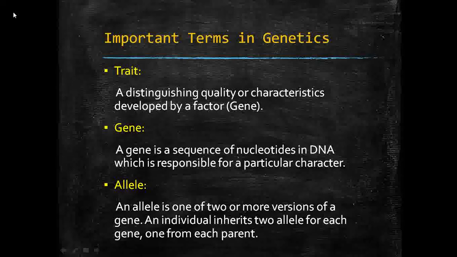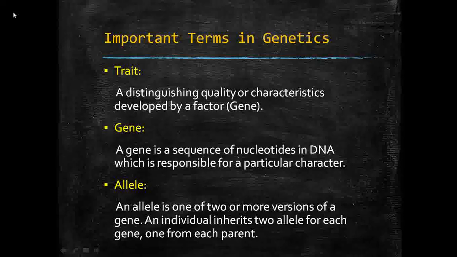These are the characteristics, and also the color. Some traits can be environmentally determined or modified also. When the gene was not yet discovered, the scientists used to call it a factor. So it is nothing but the quality or characteristic which is developed by a factor, that is, a gene.